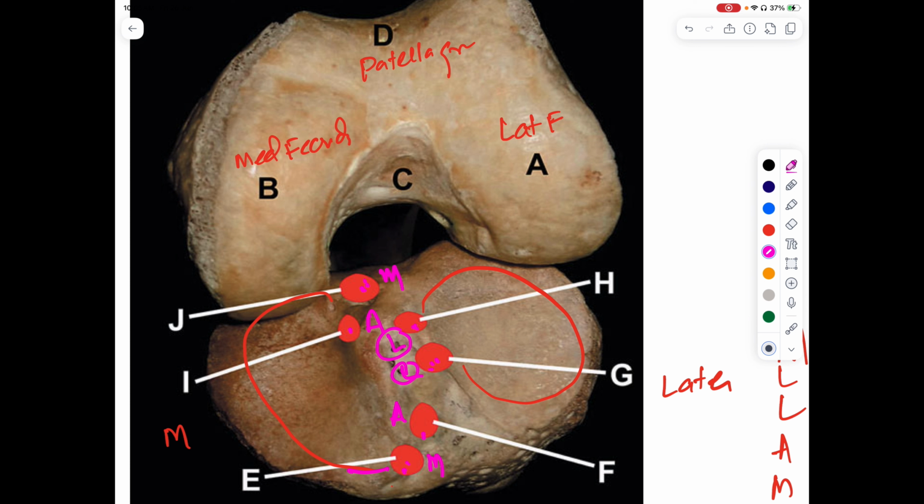So A is the lateral femoral condyle, B is the medial femoral condyle, this is the left knee joint, and this is the patellar groove. Here will be the patella, and C is the intercondylar fossa.